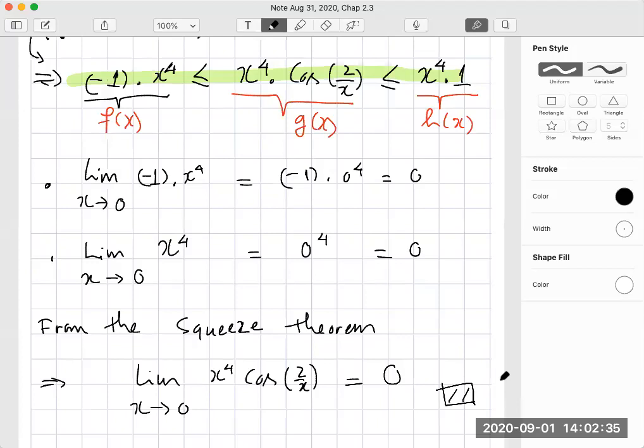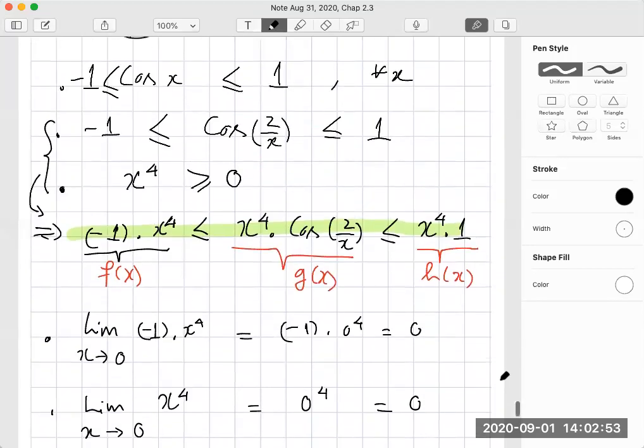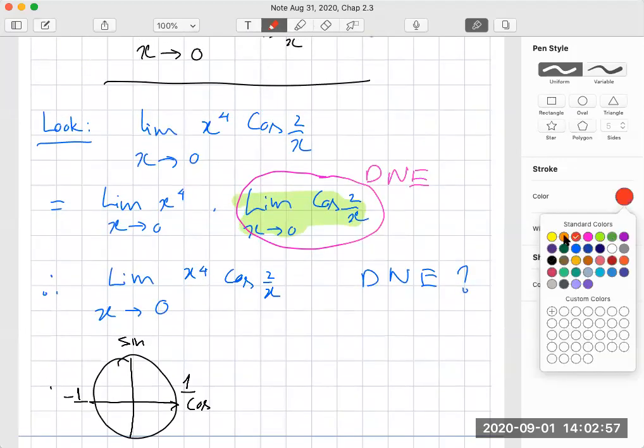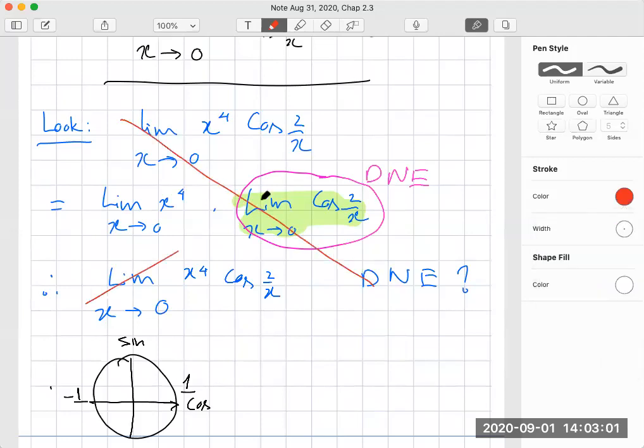Okay? Is it clear? It means that this whole thing here does not make sense. Okay, be careful.